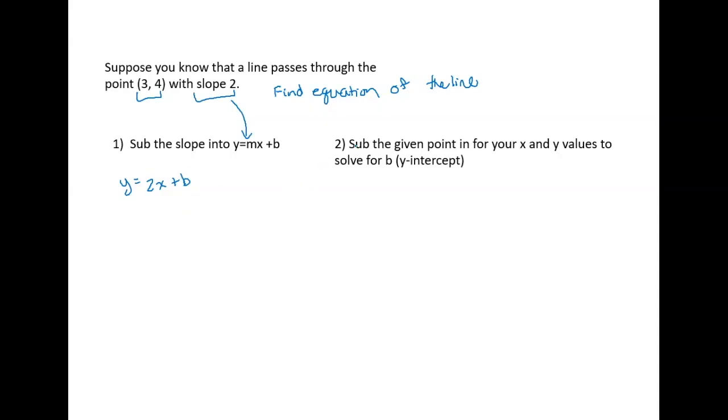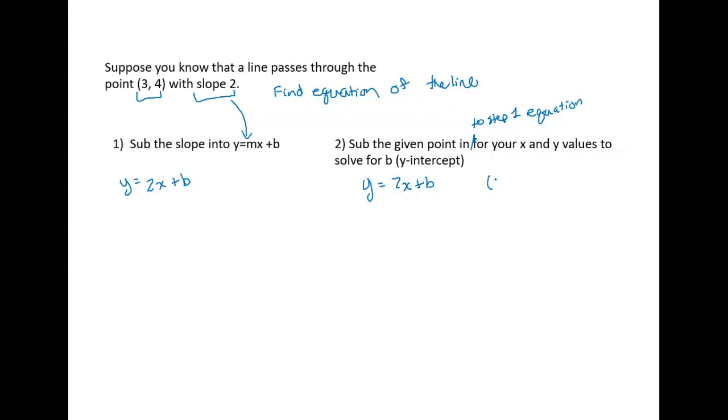So then this brings us to our step 2, which is to sub the given point into what we found, so into the step 1 equation, I should say, for x and y to solve for b. So we started with, from step 1, y equals 2x plus b.